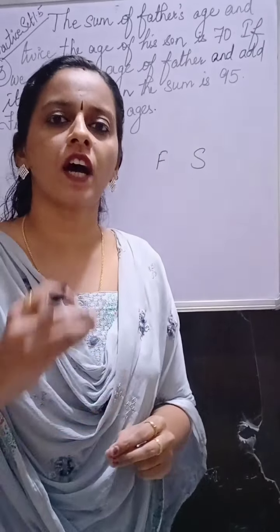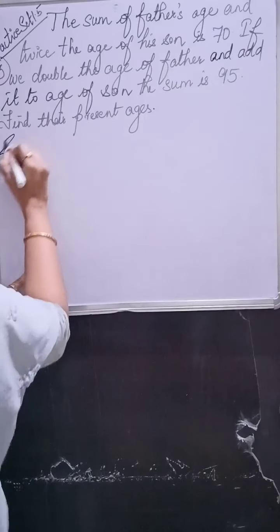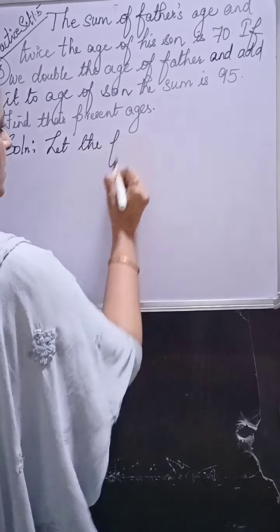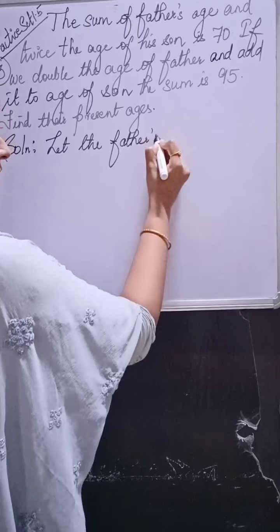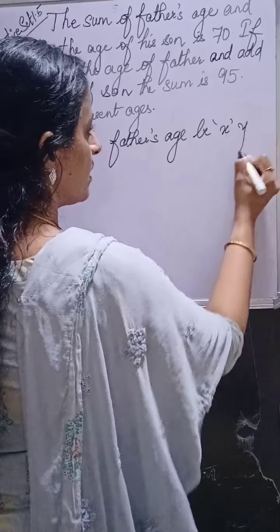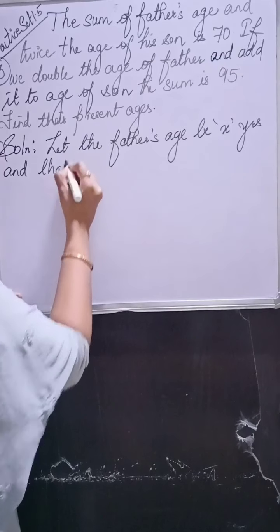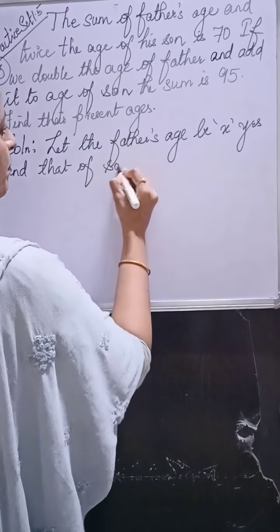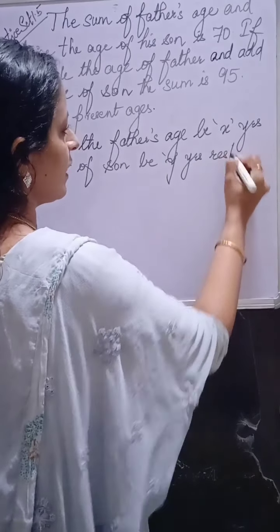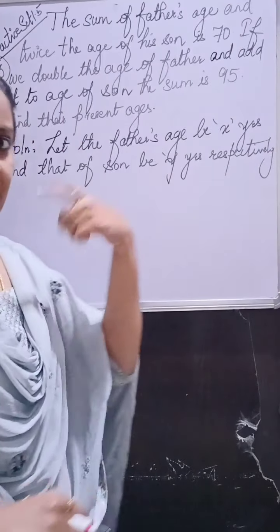Solution. Let the age of father be x years and that of son be y years respectively. Introduction done.